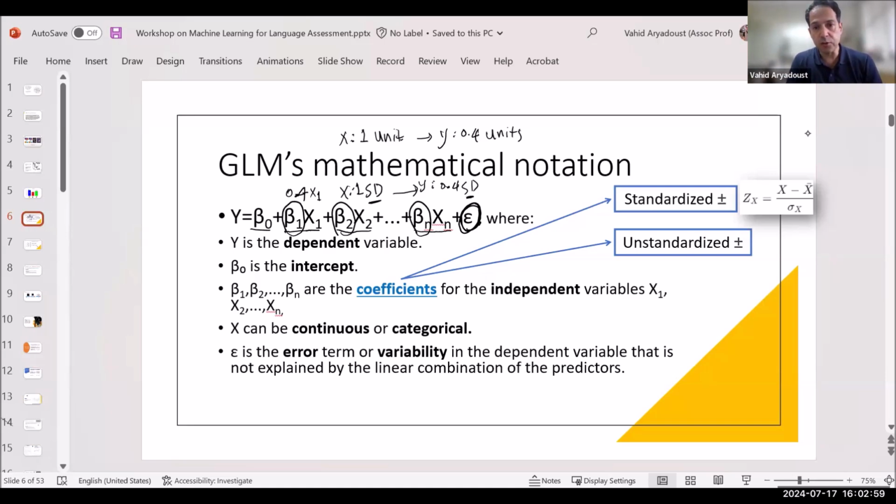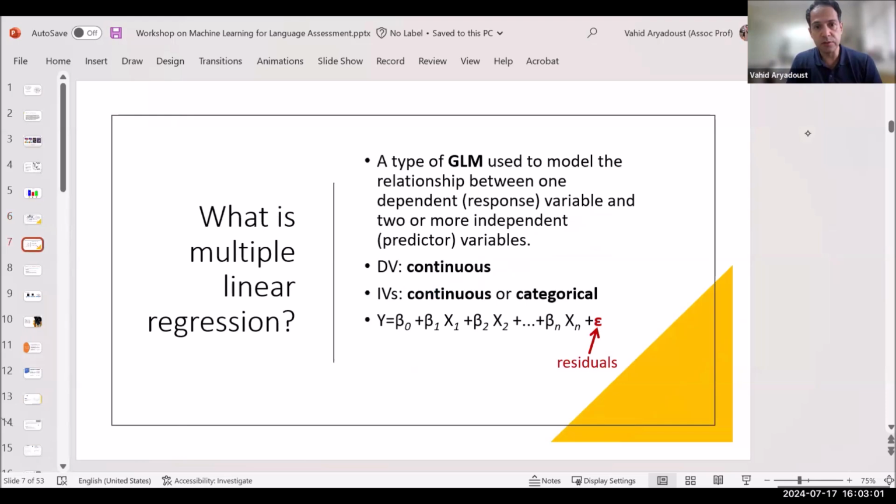All right, so that's about it. I don't think I have much to say in this slide. I just wanted to refresh your memories. So multiple linear regression as a result is a GLM that is used to model the relationships between one dependent variable or response variable and two or more independent or predictor variables.